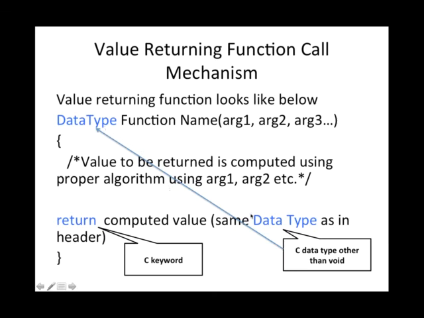It should be a C data type other than void. It doesn't have to be a keyword. It could be int, double, float, char, pointer to any of these, or could be a user-defined data type. Okay, so a C data type other than void, the same data type here as what's being returned, and so on.